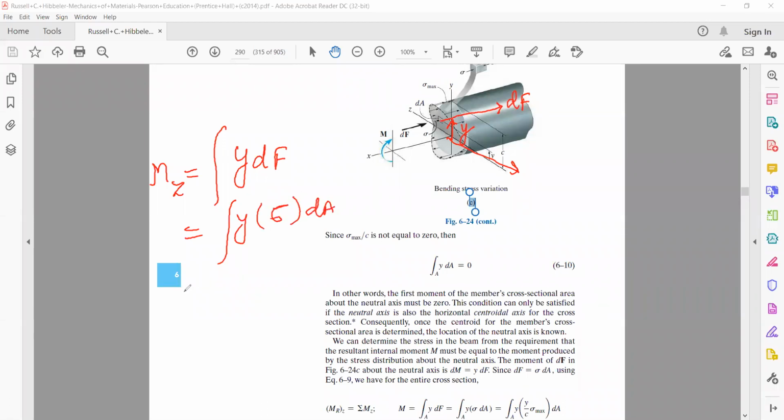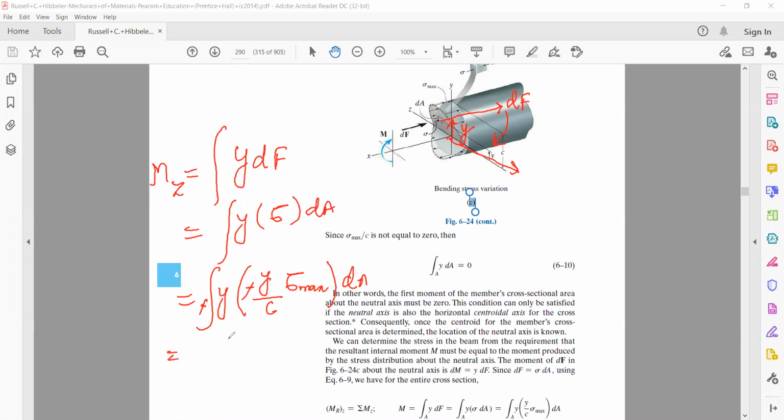In place of sigma, we'll write y by c sigma max. Actually, sigma is equal to minus y by c into sigma max. But this moment tries to rotate this element in the clockwise direction. Therefore, we take this moment as minus, and minus minus will be plus.